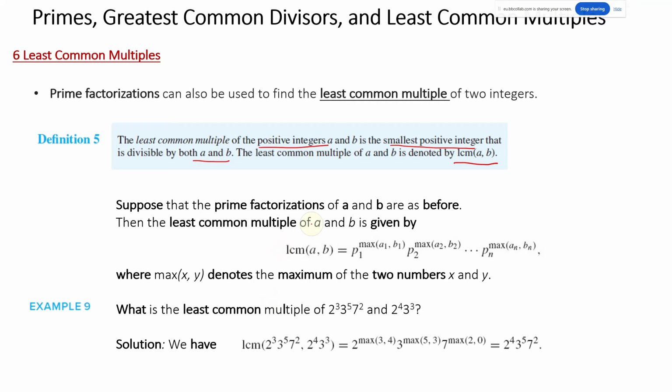Let's have a look at an example. If we have these 2 numbers, what's the least common multiple for that?